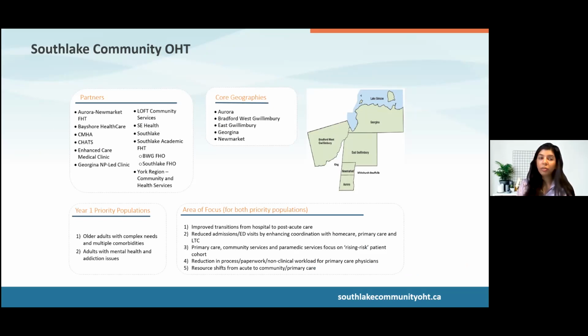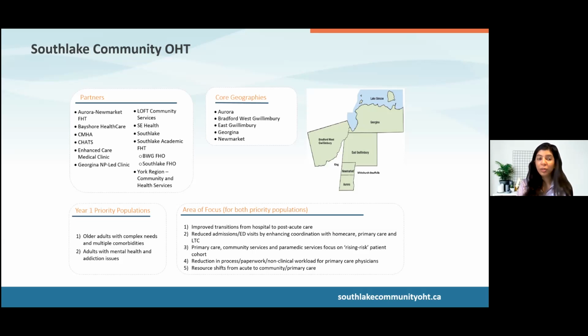This includes strong representation from primary care, family health teams, as well as nurse practitioner-led clinics, alongside service providers of Bayshore, Chats, Loft, St. Eliz, South Lake Hospital, as well as a strong partnership with York Region and the CMHA.